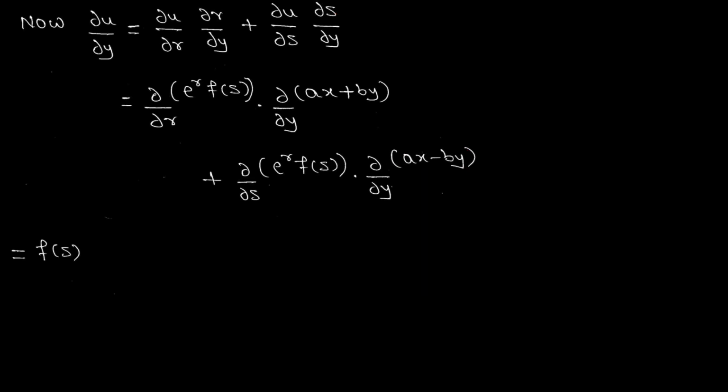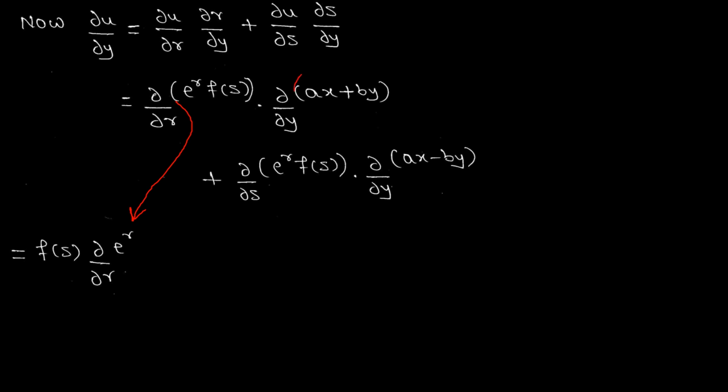Since we are differentiating this first quantity with respect to r partially, f of s has to be taken as constant, which we have taken. Dou by dou r of e to the power r we have written.